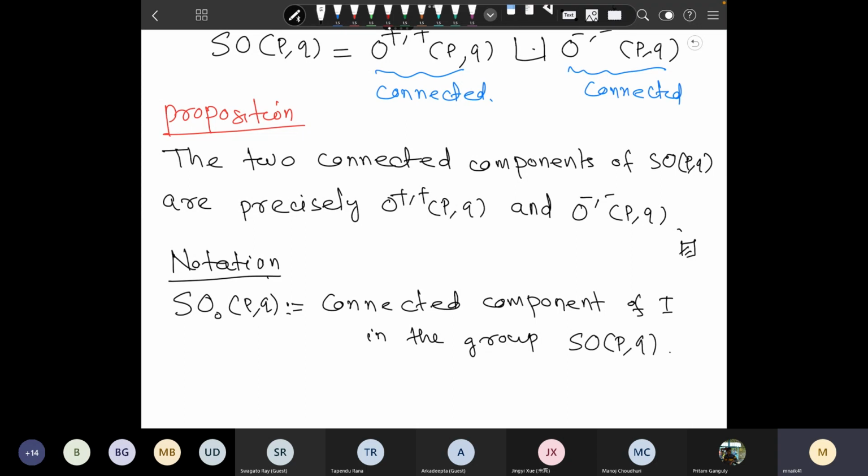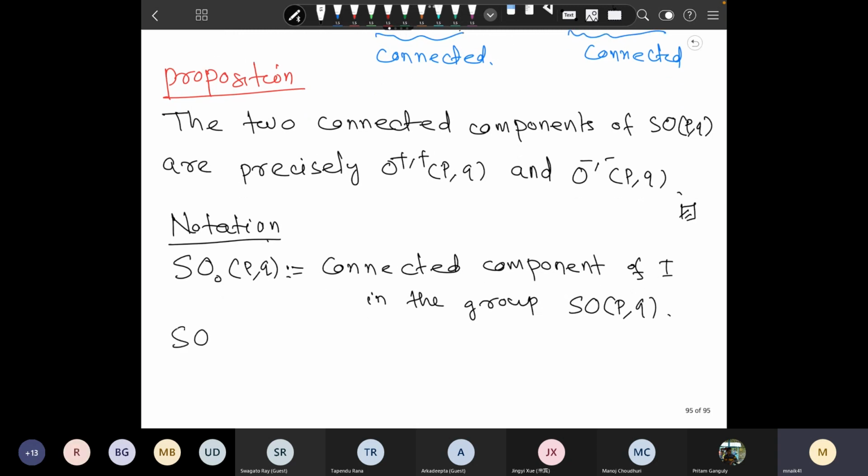So by this, SO naught (P, Q) is O plus plus (P, Q).